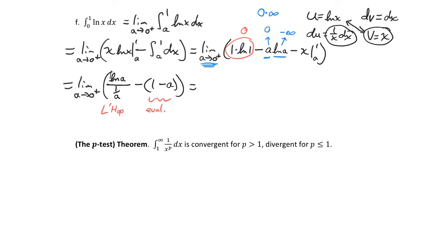So in using L'Hopital's rule, I can replace the numerator by its derivative. The derivative of the natural log of a is 1 over a. And I'm going to take the derivative of the denominator. That's a to the negative 1, which would be negative a to the negative 2. So that limit we're going to deal with all on our own. When a is 0, 1 minus a just becomes 1.